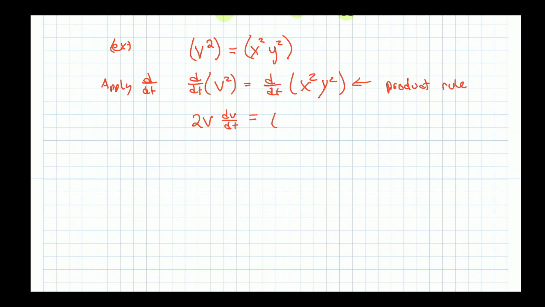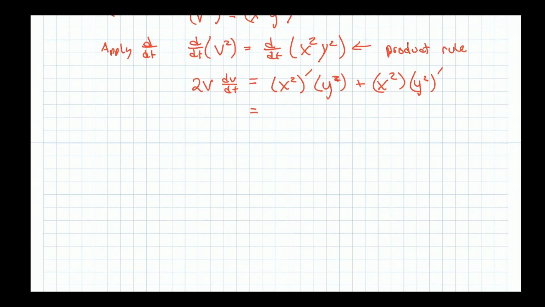On the right, it's product rule, so like f prime g plus f g prime. Now be careful with the primes. Remember that the primes are d dt derivatives this time, so that doesn't go away just because I wrote a prime.